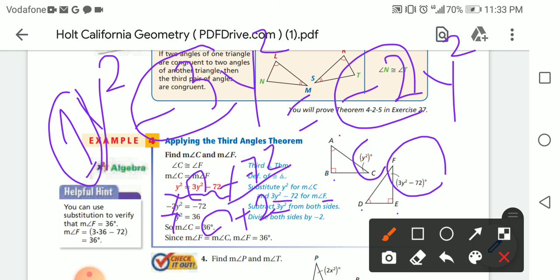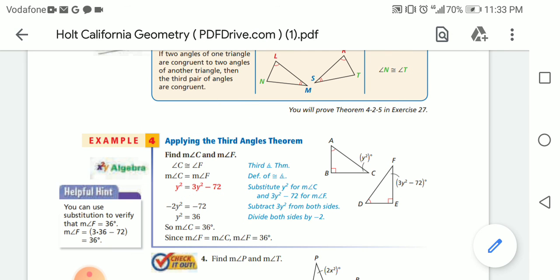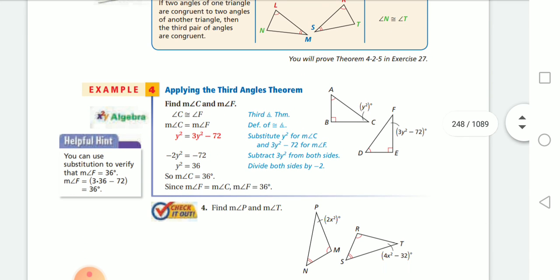Negative divided by negative is positive, and 72 divided by 2 gives you 36. So my answer will be 36 for the measure of C, and since measure F equals measure C, measure F will be 36.